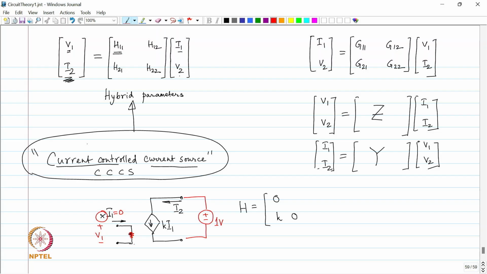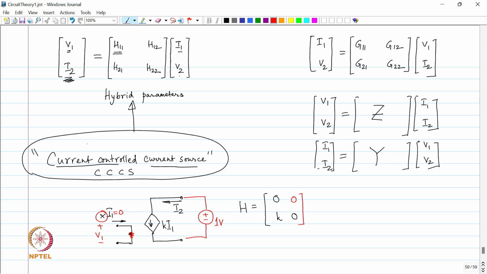What is V1? 0. Therefore, H12 is equal to 0, fine, and H22, what is I2? I2 is k times I1, I1 was equal to 0. So, H22 is equal to 0.